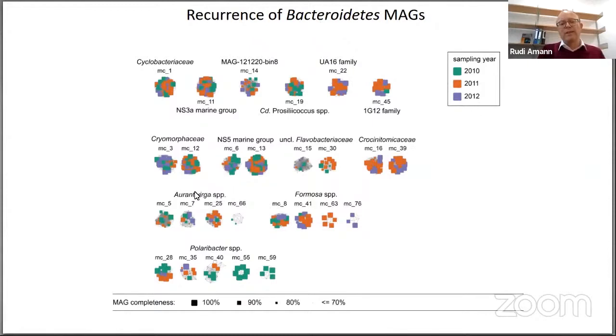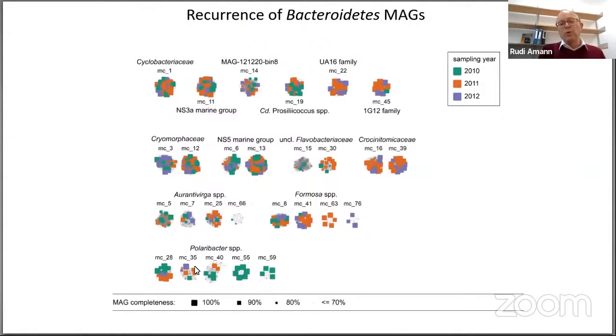Whenever there's a full name like Aurantivirga or Formosa or Polaribacter, we have isolates. In this case, for the North Sea group 5, we don't have an isolate, or also for the UA16 family. And we also don't have an isolate yet for Candidatus Procelliococcus, but that's a taxonomic trick where we try to describe valid taxa without having an isolate. But that's a separate talk and a separate discussion.